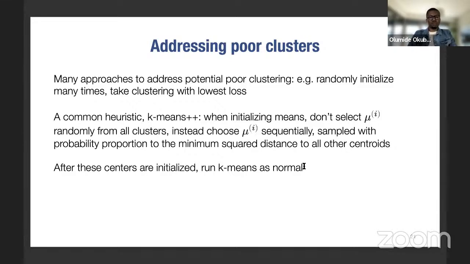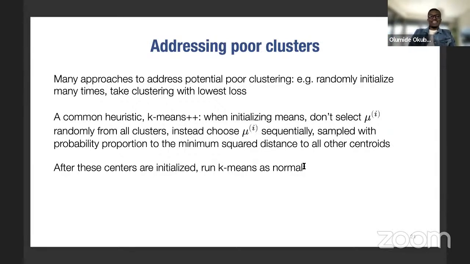According to k-means plus plus, I am going to sample from my existing data points, and each of my data points is going to have a probability which is directly proportional to the distance between my data point and the closest centroid.